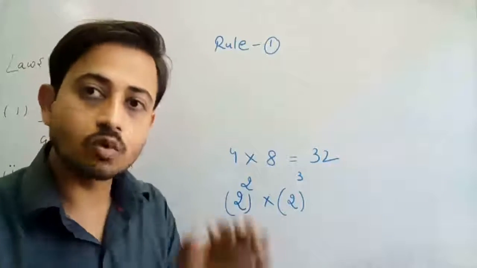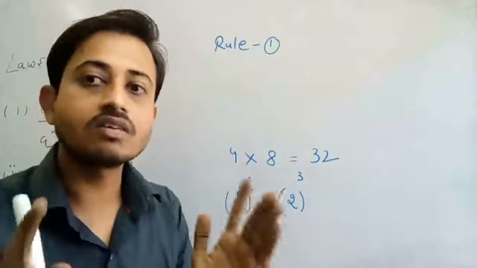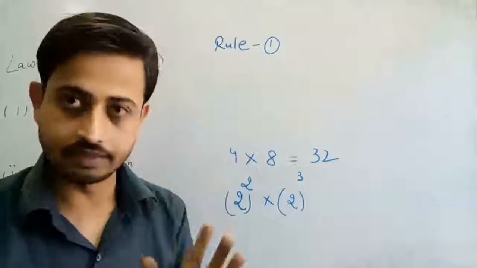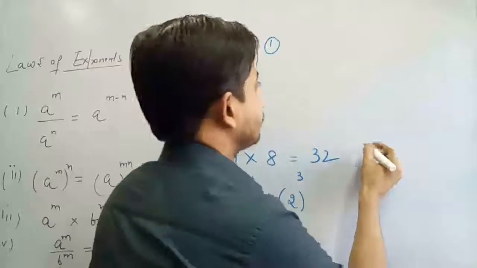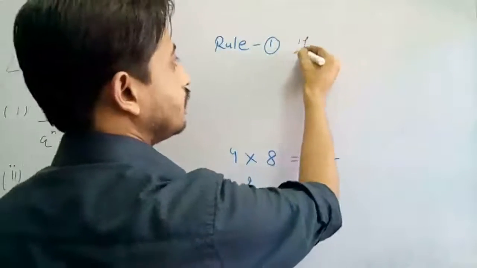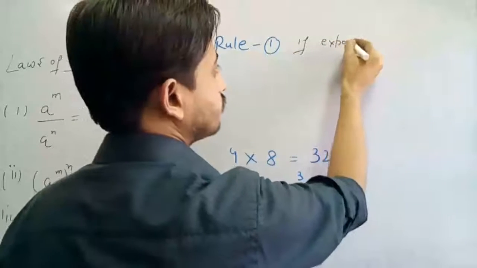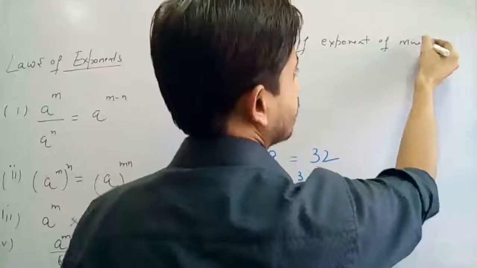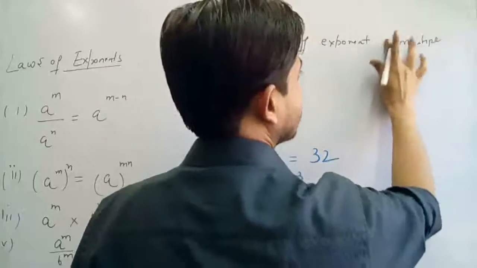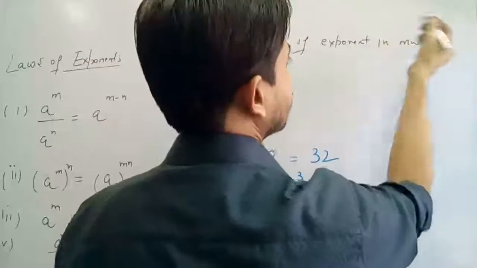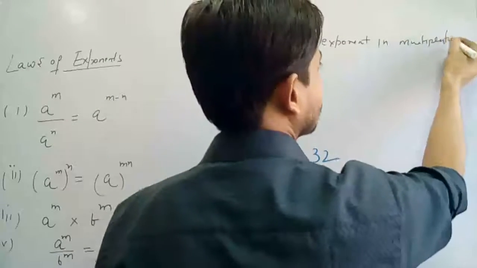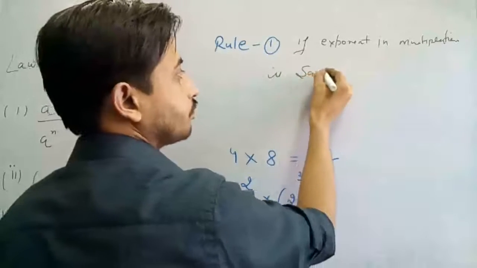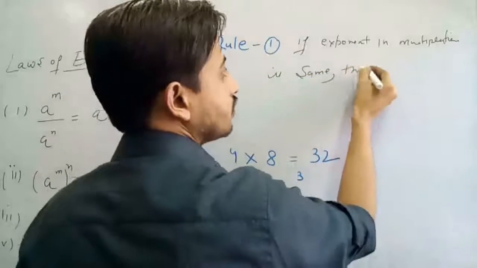If you find the exponent is the same, then the powers will be added and you have to write the exponent one time. If the exponent in a multiplication is the same, then the power will be added.